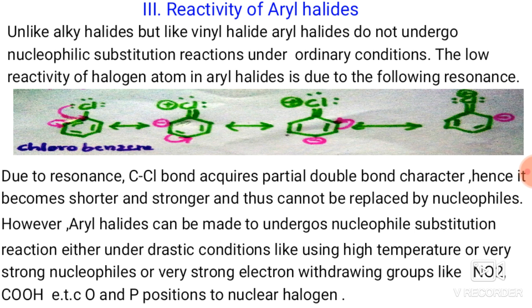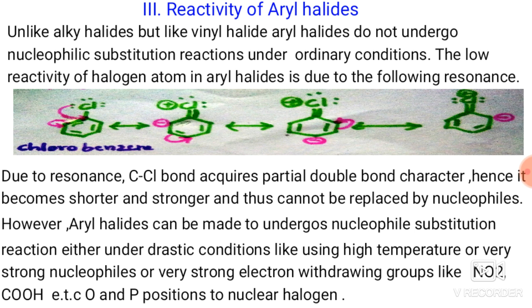Under ordinary conditions, the low reactivity of the halogen atom in aryl halides is due to the following resonance structures of chlorobenzene. Here in chlorobenzene, the chlorine atom has a lone pair of electrons, and that lone pair is donated to the benzene ring. The valency of the carbon atom of the benzene ring is more, so the double bond is shifted towards another carbon atom.